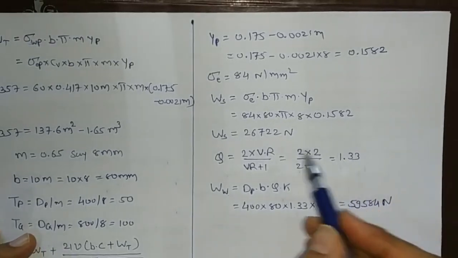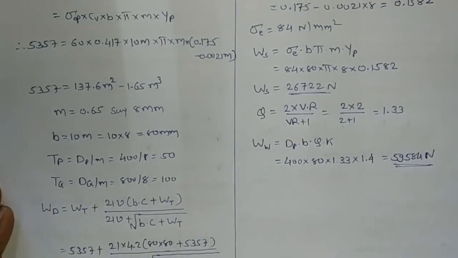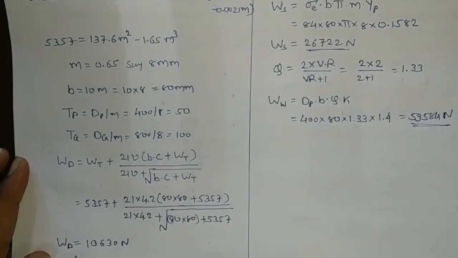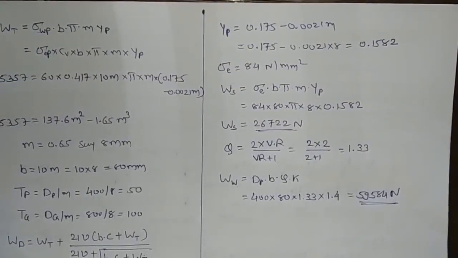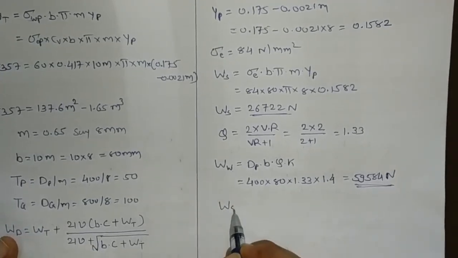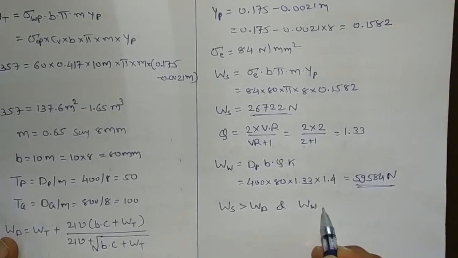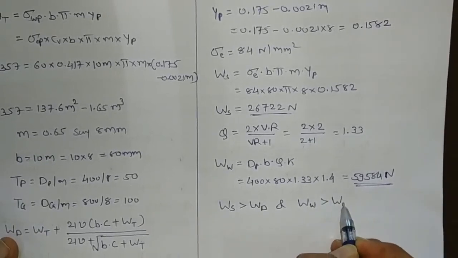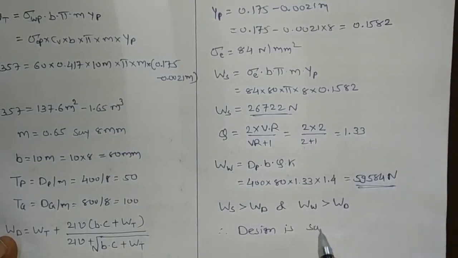From the values Ws, WW and WD, the dynamic load, we can say that Ws and WW are greater than WD. The static load is greater than the dynamic load and the wear load is greater than the dynamic load. Therefore we can say the design is safe.